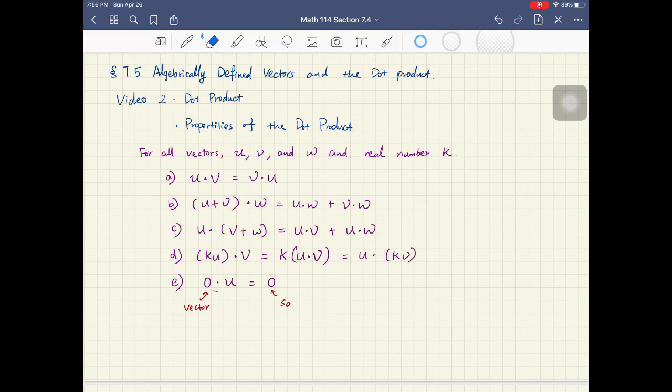It's a scalar, a real number. The last property is that u dotted with itself is the same as the magnitude of u squared. If u is a comma b, then it's just a squared plus b squared.